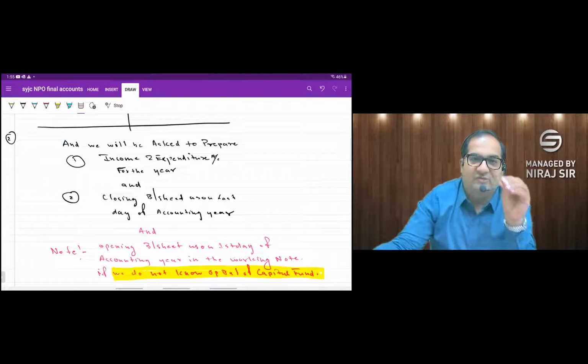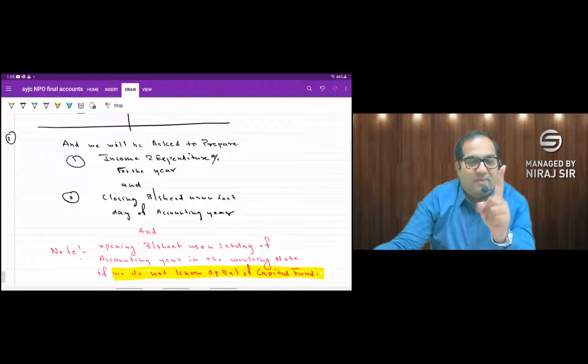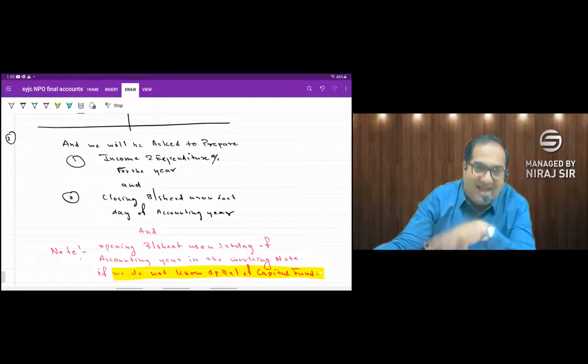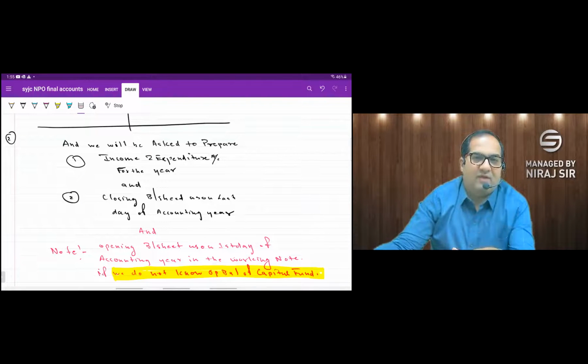So strictly speaking, when it comes to solution, one, you will prepare income and expenditure account for the year. You will prepare balance sheet as on last day of the accounting year, so we call it closing balance sheet. And if opening balance of capital fund is not available, then we'll also prepare opening balance sheet to get opening balance of capital fund as a balancing figure in the working note.